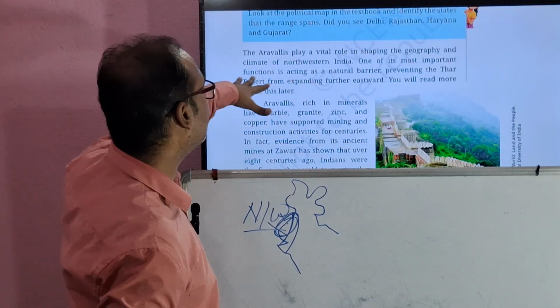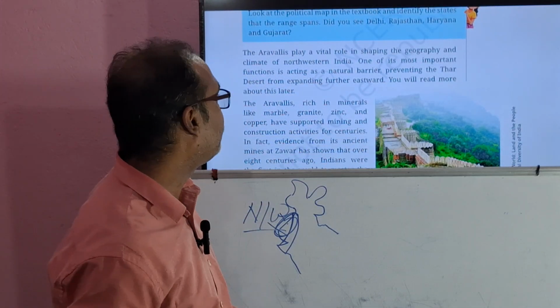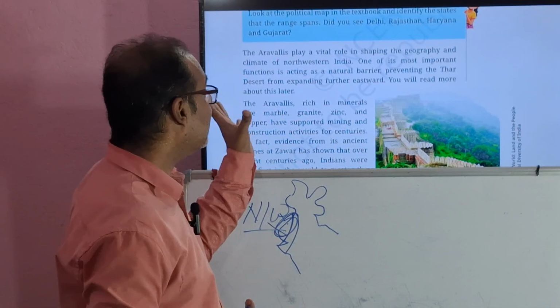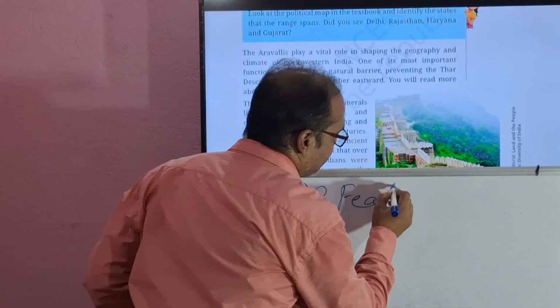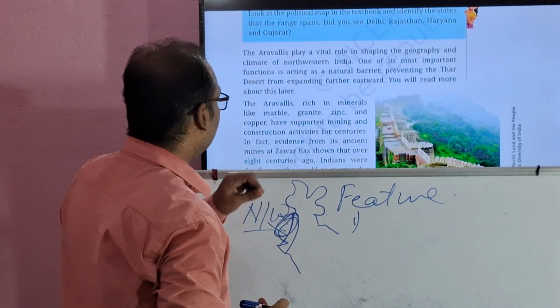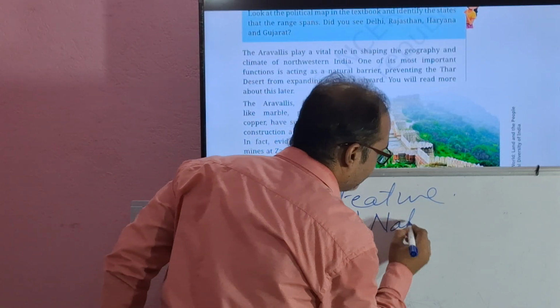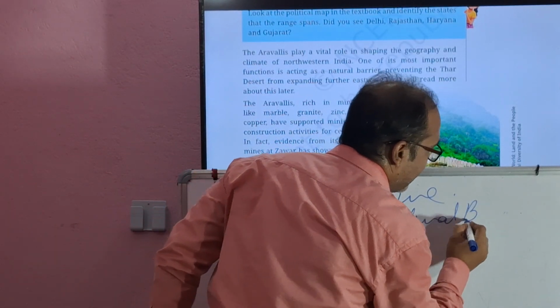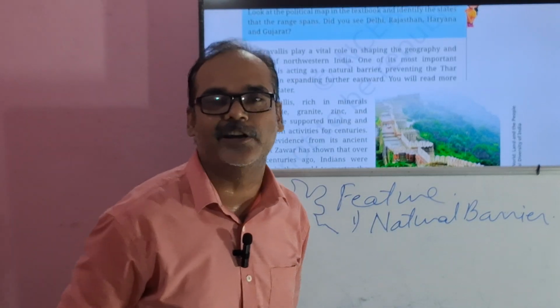One of its most important functions is acting as a natural barrier, preventing the Thar Desert from expanding further eastward. So what is the important feature of the Aravalli? That it acts as a natural barrier and is not allowing the Thar Desert to extend.